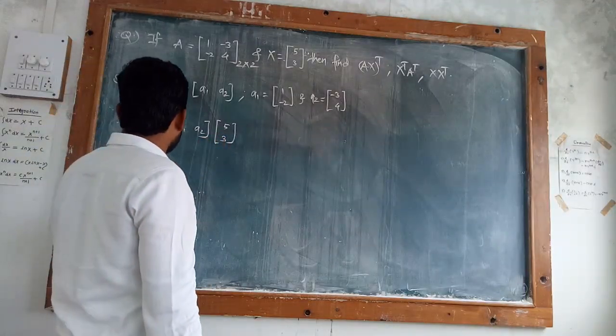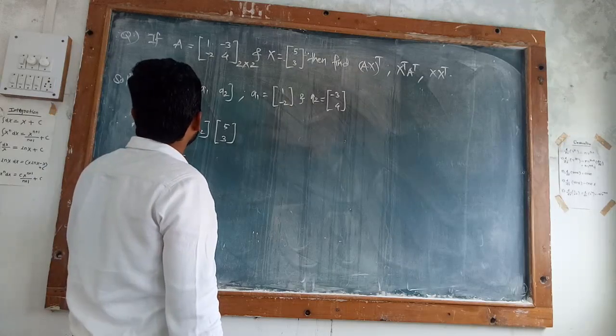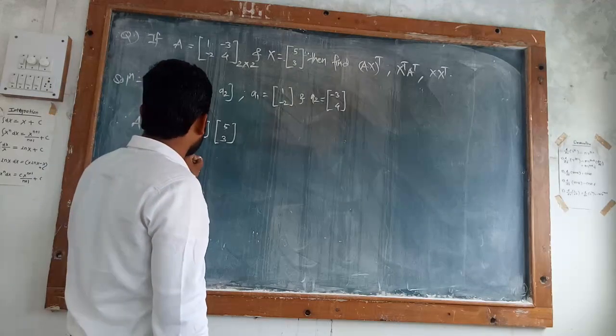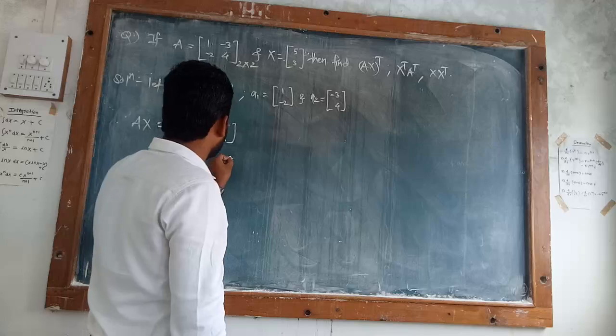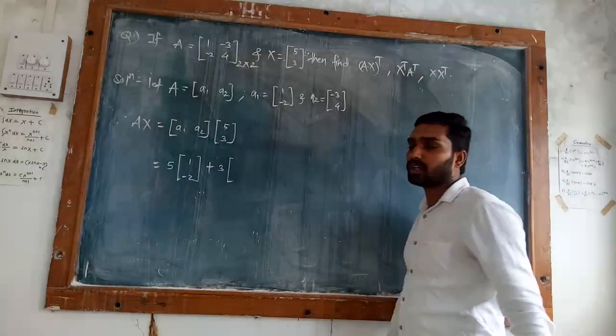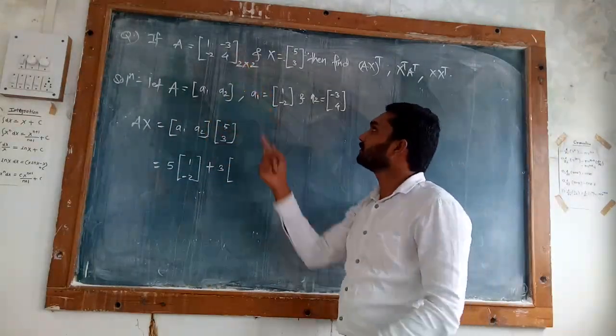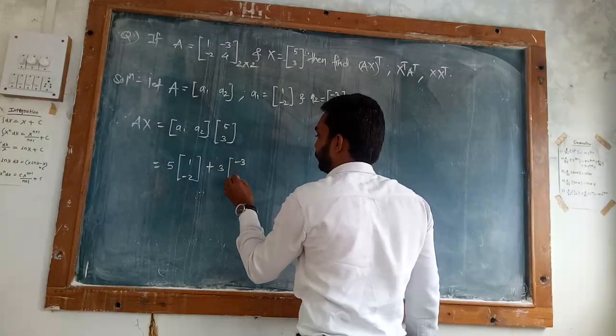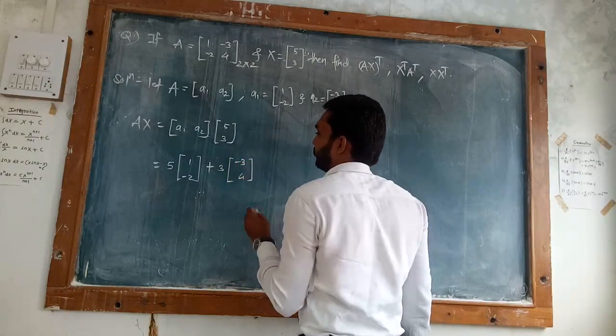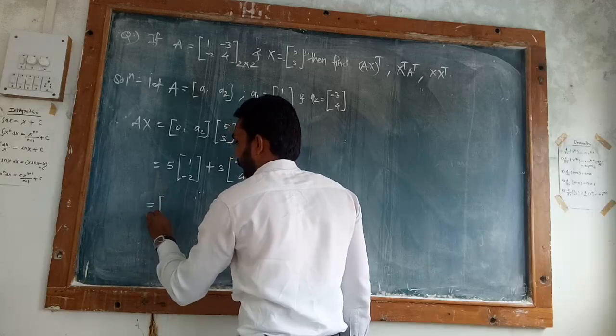So that becomes 5 into 1, minus 2, plus 3 into minus 3, 4, right?